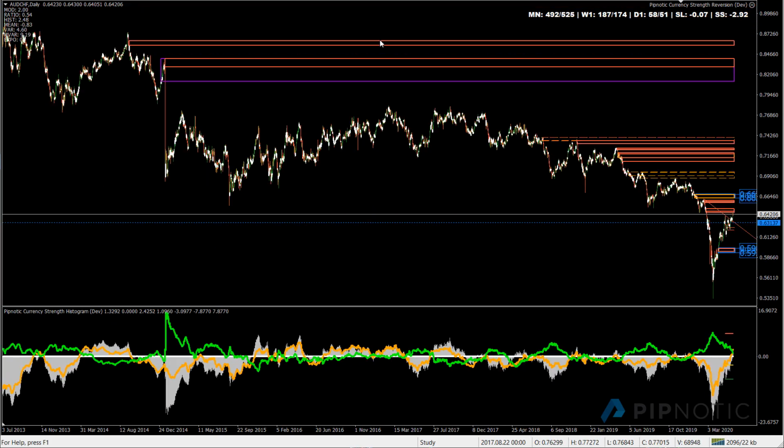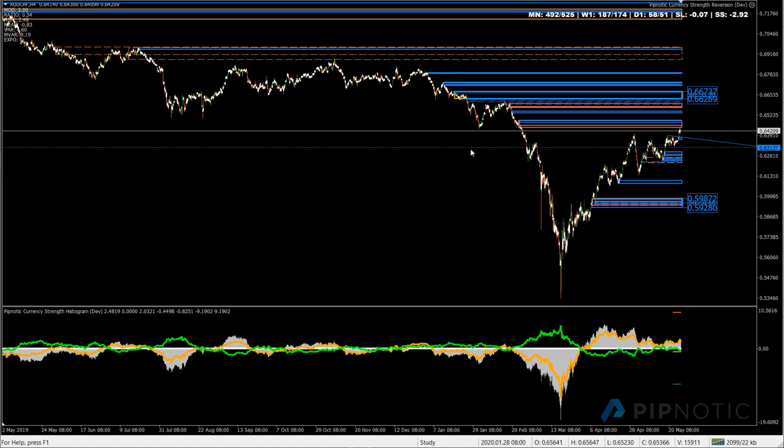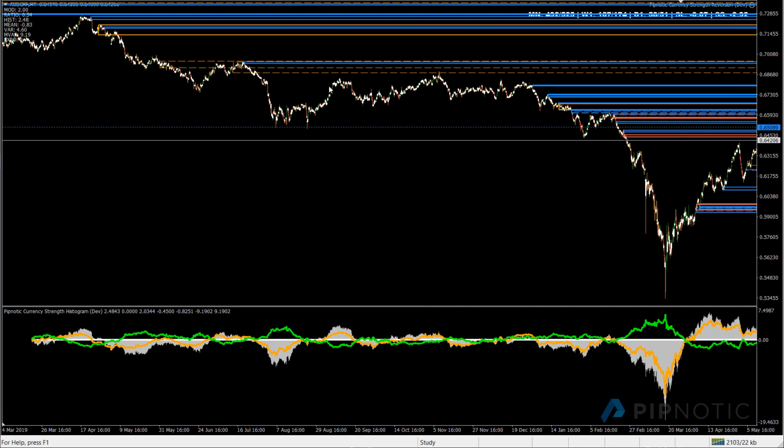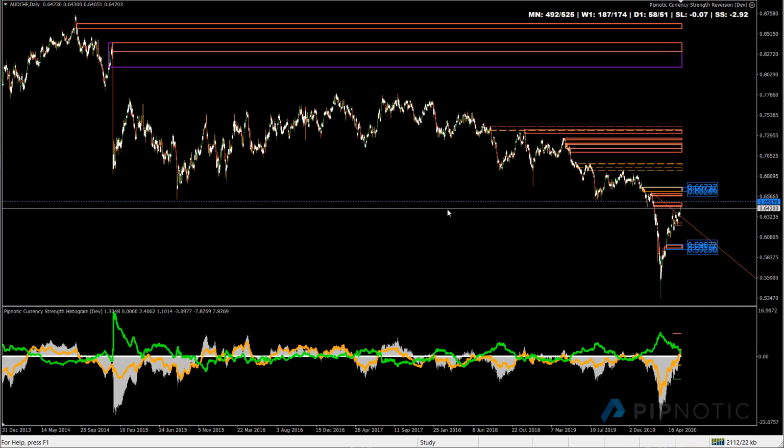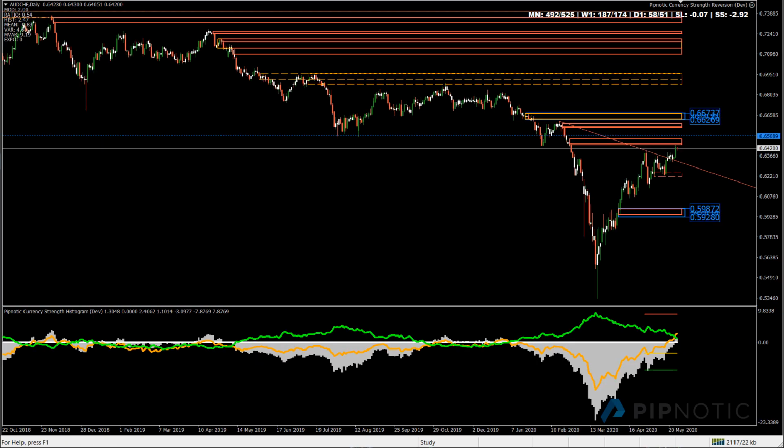So if we have a look from here, where do we go? Okay, sorry. Here a little bit higher. We had here, let's mark this off. This is where we tested from. Go to the daily chart. Tested, tested, tested, tested. Where did that push come from that moved below that area?